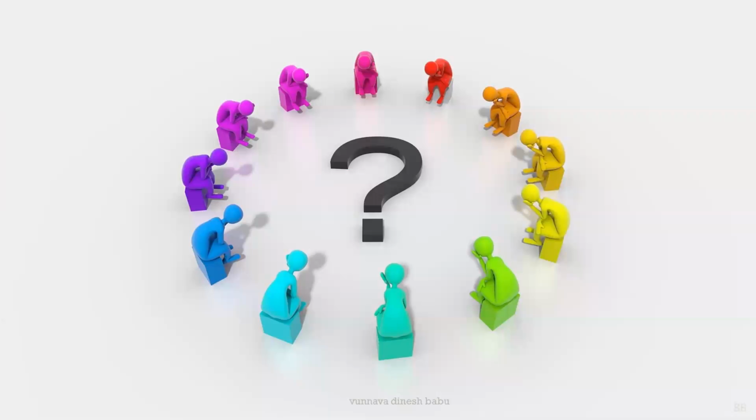Some people may understand by listening at once, and some people may understand by listening multiple times. It depends upon the ability of the people. And if you still don't understand, you can comment. I'm ready to explain any topic. So please learn the things.